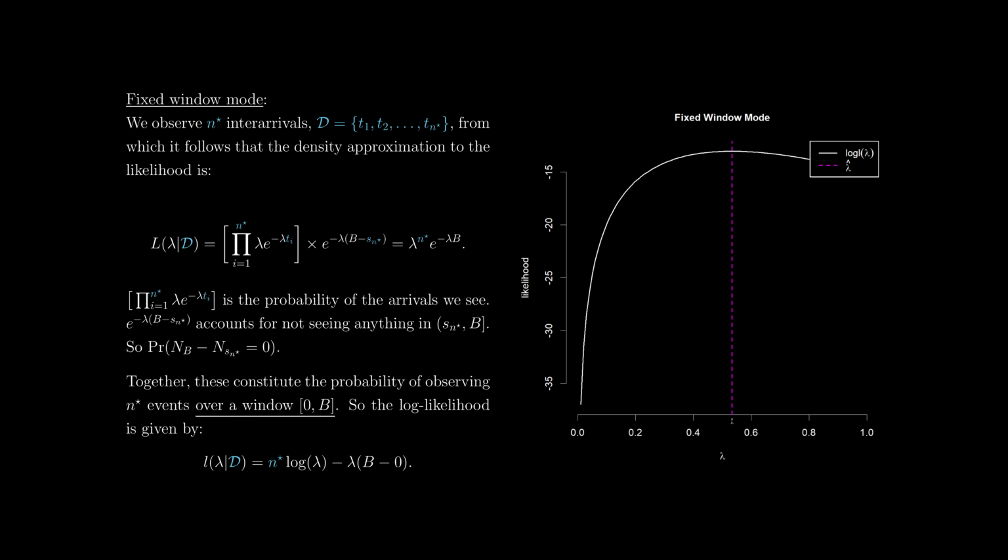Cool. Now, as it happens, again, we simplify things. We write down the log likelihood function, and we'll see that it's given by n star times log lambda minus lambda times b. Now you might look at that expression and say, well, hang on, where did the data go? Our data is supposedly the interarrival times, and indeed we see it in the likelihood function, but they cancel out because the sum of the t_i's is just S_n star.